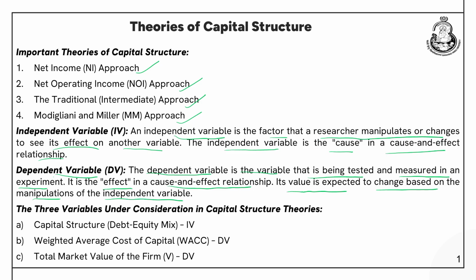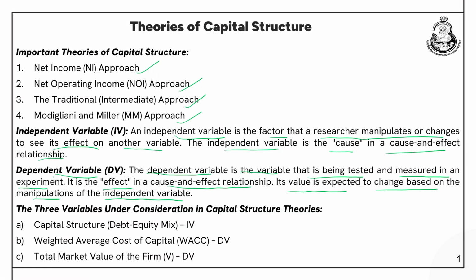We try to see how the independent variable has an impact on the dependent variable. In the similar example, exercise leads to weight loss, so weight loss is the dependent variable. When you increase the advertisement, it leads to an increase in sales, so the increase in sales is the dependent variable.